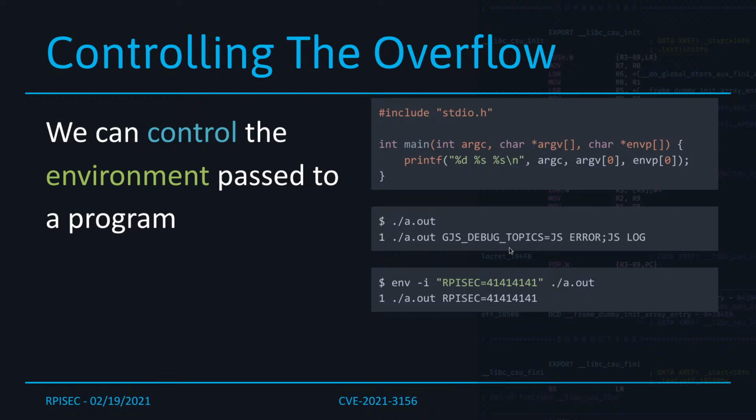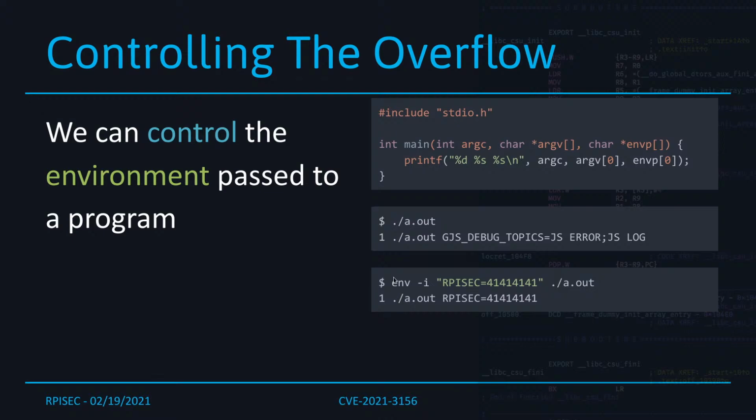And so we can see when we run this program with no command line arguments, with no special environment, it's going to print out the number of arguments is 1. That's just going to be the name of this program. And then it's going to print out that first environment variable. In this case, that's just going to be something that's default. That's going to be irrelevant to us.